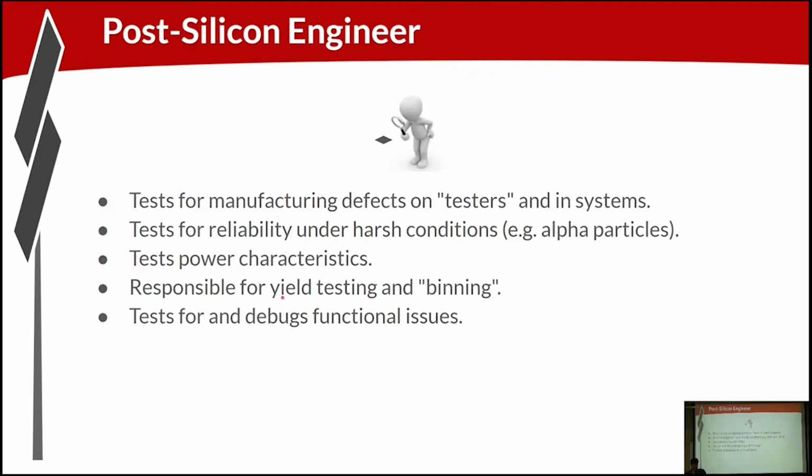So they're also kind of in line with that, responsible for yield testing and binning. So one design, one chip is not necessarily one product, right? For example, I worked on x86 CPUs, so maybe we have a generation of x86 CPU that's a 16-core design.